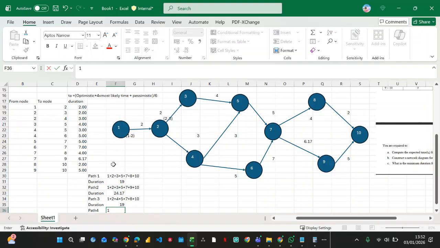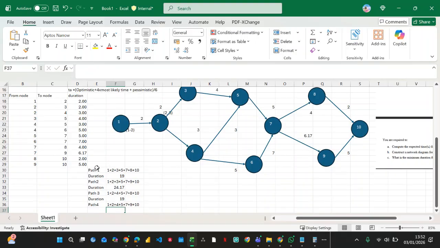So let's do 1, plus 2, plus 4, plus 5, plus 7, plus 9, plus 10. Did you go to 5? Have you written 5? Yes. 7, 9, and 10.